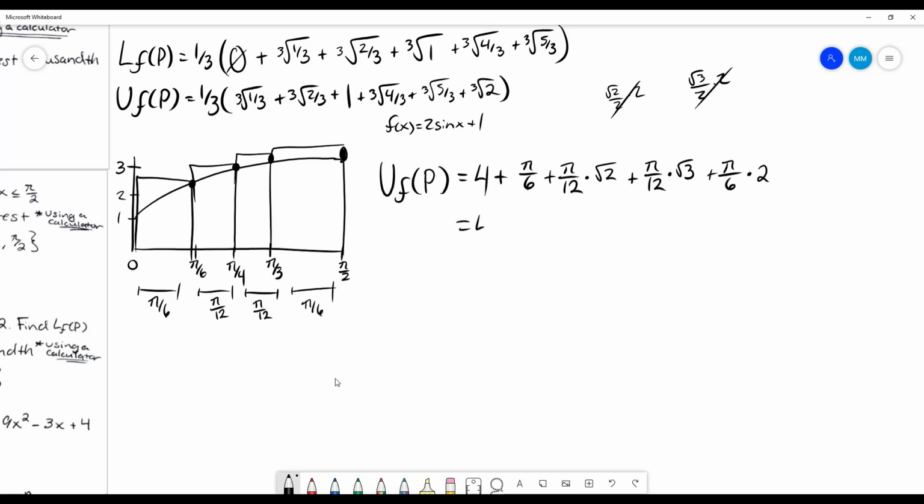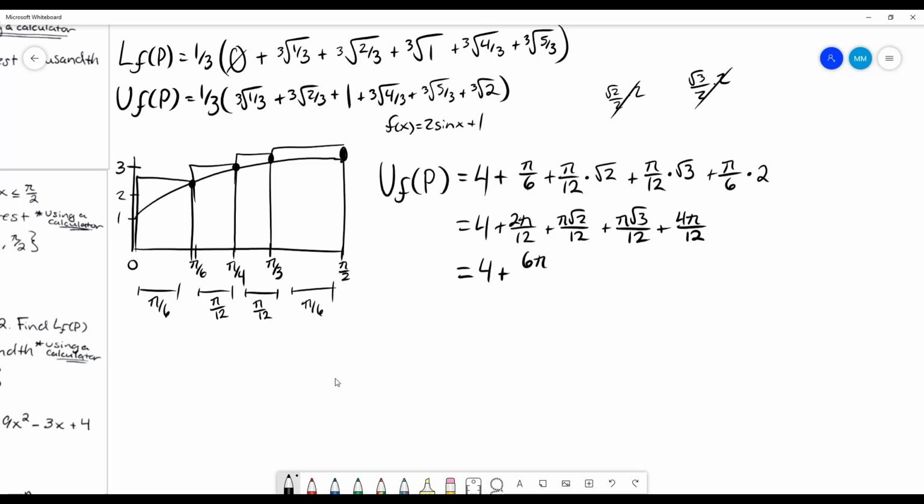Okay, so now, and I'm going to give this a common denominator of 12 just so they're all over the same thing. That's going to be 2 pi over 6, or 4 pi over 12. And then I can combine these to be a nice 6 pi over 12.